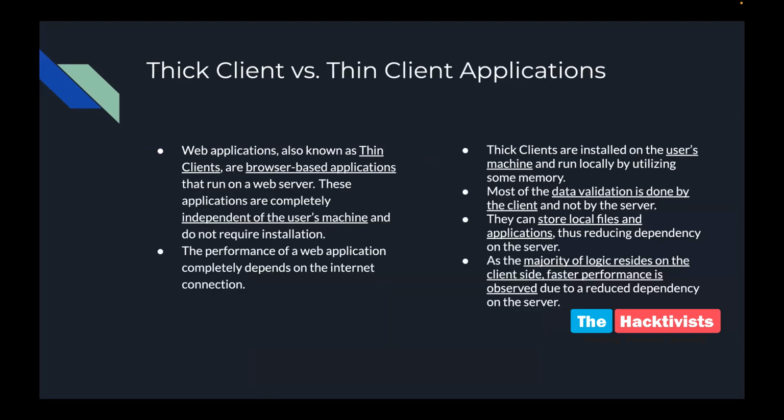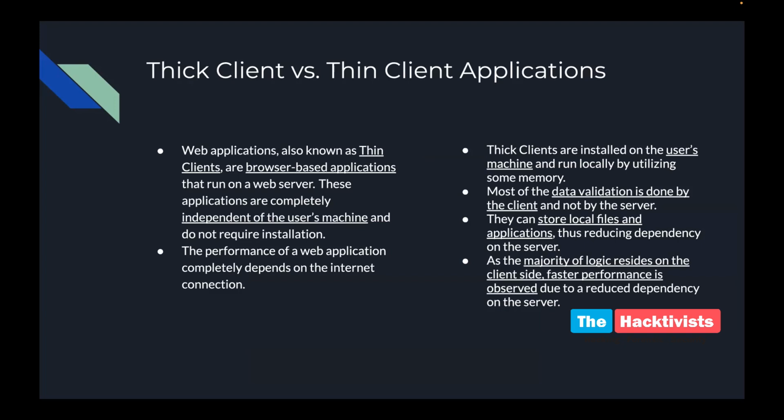Then we had understood the tools and the differences. The difference between thick client and thin client is that a thin client is a browser-based application, typically our web applications. Thick client applications run locally within our system and use our system memory. Thin client applications do not use our system memory; they use whatever is used by the browser.